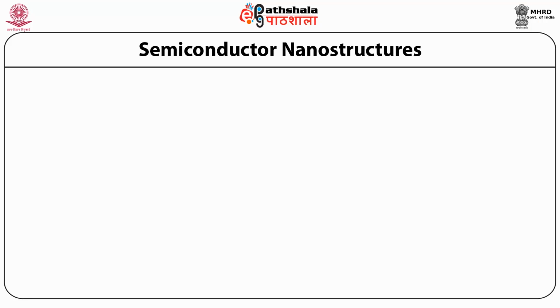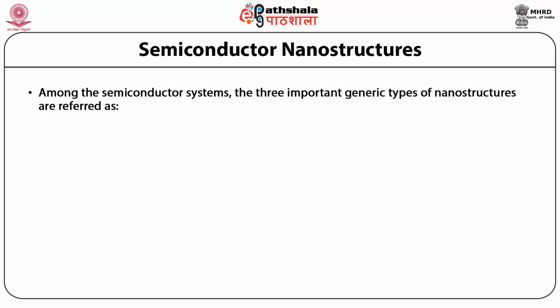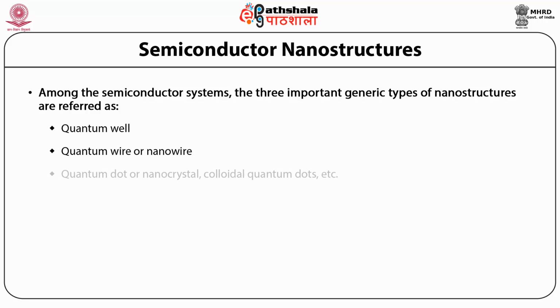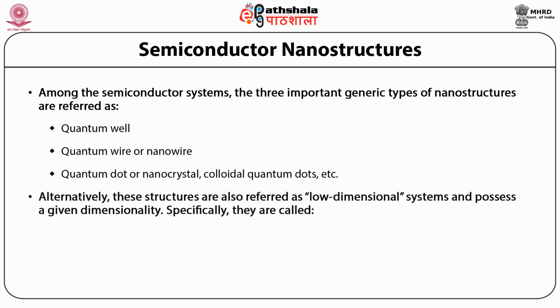Semiconductor nanostructures. Among the semiconductor systems, the three important generic types of nanostructures are referred to as quantum wells, quantum wire or nanowire, and quantum dot or nanocrystal, colloidal quantum dots, etc. Alternatively, these structures are also referred to as low-dimensional systems and possess a given dimensionality.